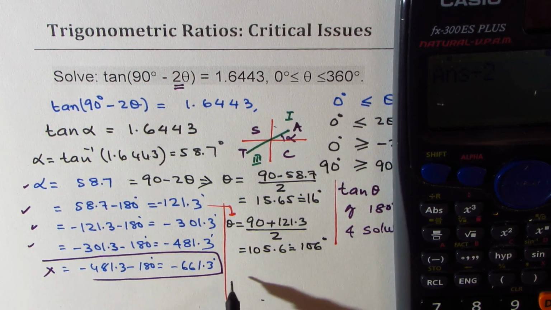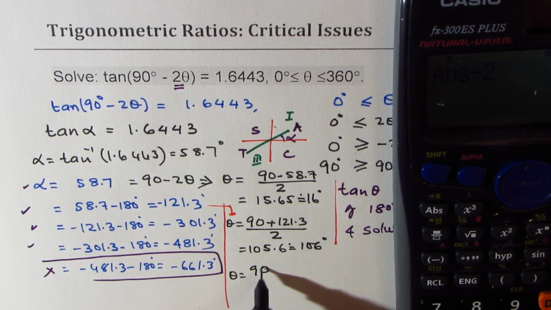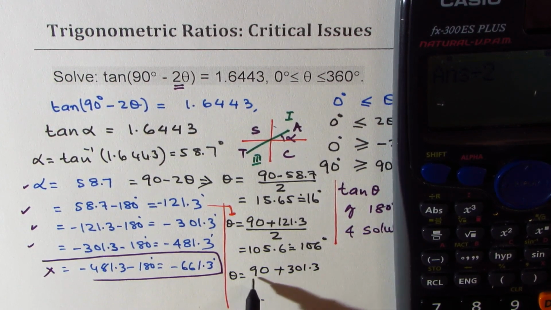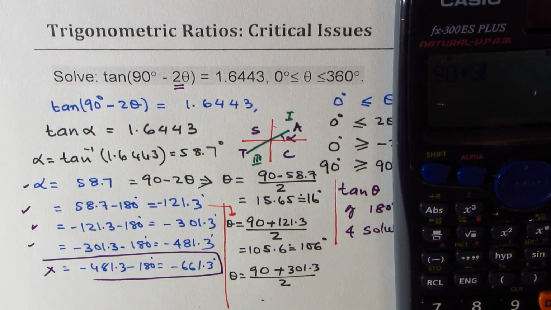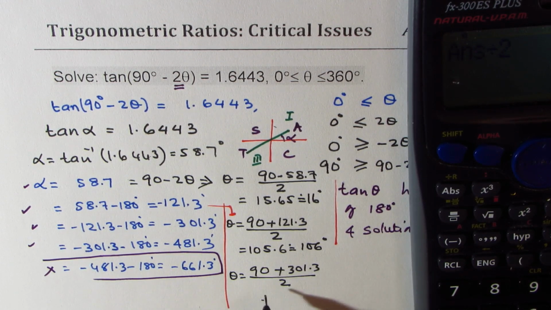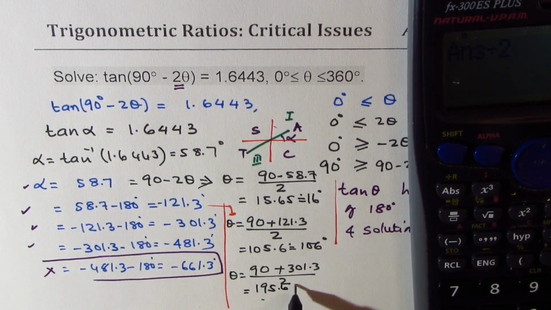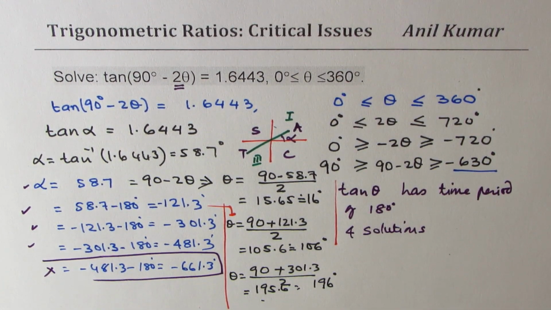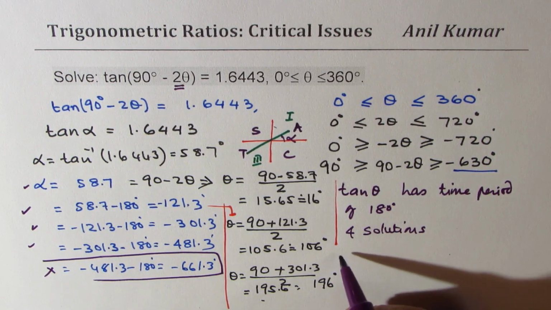Now the third angle we could get by 90 plus 301.3 divided by 2, correct? So 90 plus 301.3, divided by 2, converting to decimals, we get 195.6 or 196 degrees. Do you see that? So that is how we are going to do it.